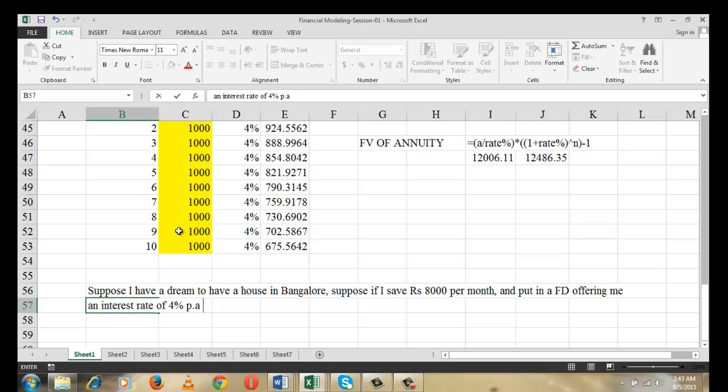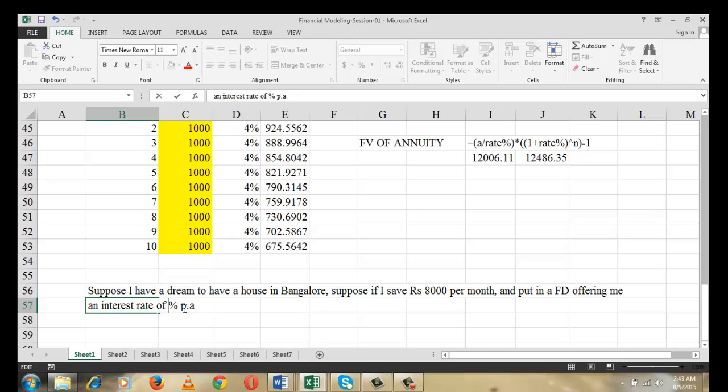And if I want to buy a suppose 50 lakh rupees house in Bangalore, and I'm thinking to save 8,000 rupees per month and put in FD, which gives me 4% interest, 4% is very less.